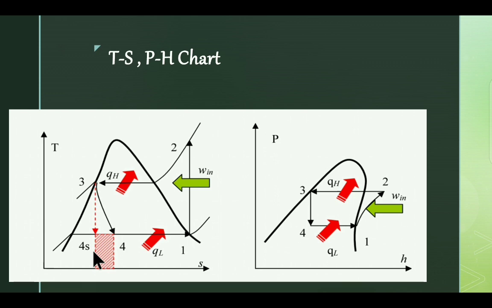Ideally it would be isentropic, but really isentropic expansion does not happen. If it did happen isentropically, then we would call it the reverse Carnot cycle, equal to the Carnot cycle, but it is not. It is a vapor compression cycle. Generally we also call this the Bell-Coleman cycle, or the reverse Brayton cycle.